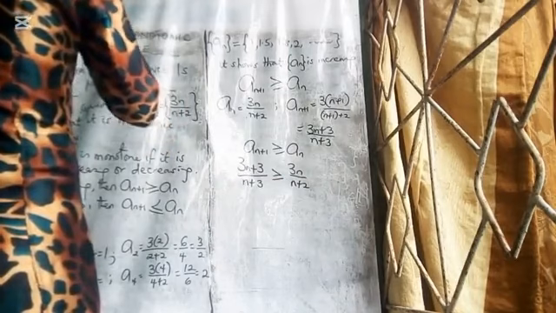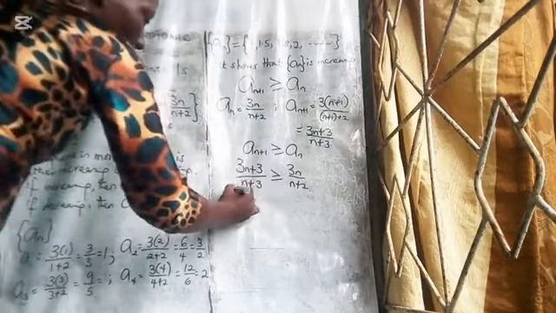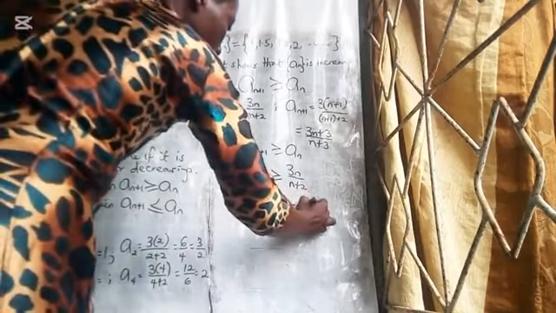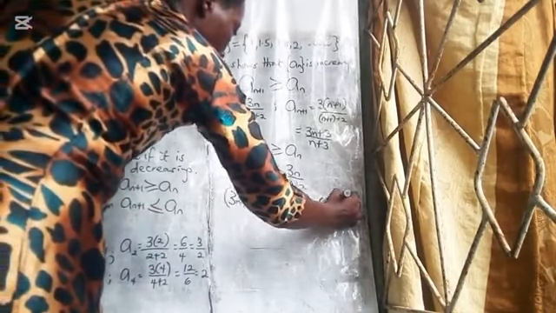When we cross multiply that, we have 3n plus 3 into n plus 2 to be greater than or equal to 3n into n plus 3.